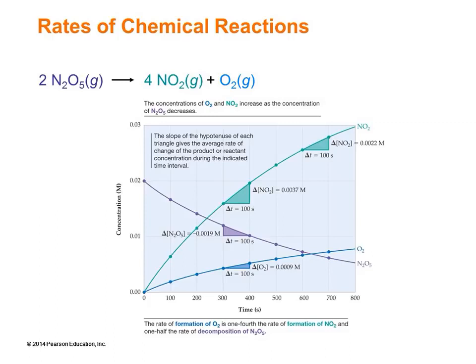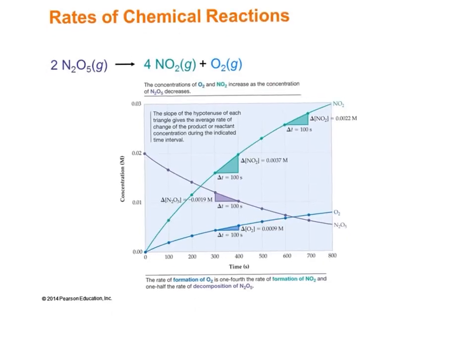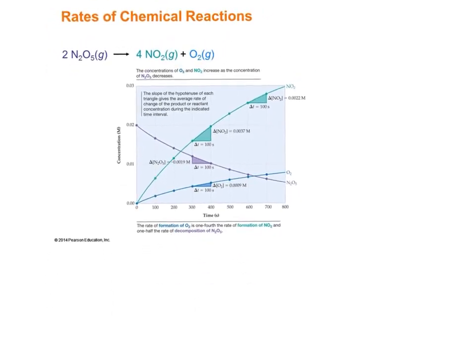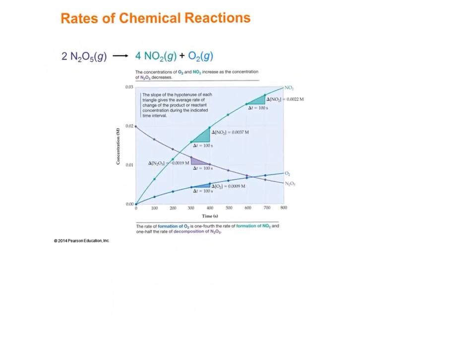Not only that, but there are several ways we can measure rates of reactions to make the discussion even more interesting. Let's define what some of those reaction rates are. Well, first of all, let's take a quick look at this graph here. We've got concentration on this axis, we have time on this axis, and then we have three different lines, one for each one of our three substances.